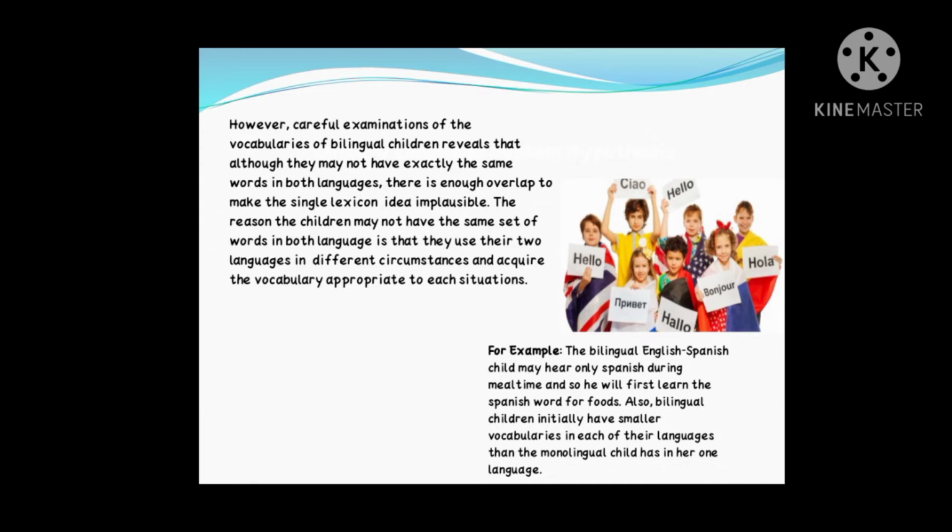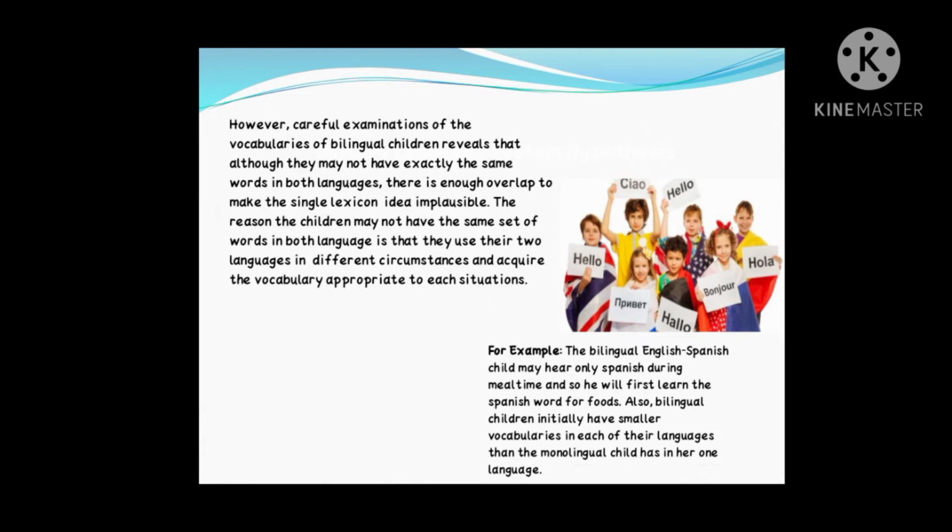For example, the bilingual English-Spanish child may hear Spanish only during mealtime, and so he will first learn the Spanish word for food. Also, bilingual children initially have smaller vocabularies in each of their languages than the monolingual child has in their own language.